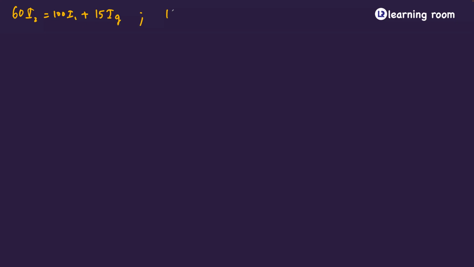Eleven I1 is equal to IG plus 1. So from here, I can take IG is equal to 11 I1 minus 1 and substitute it here. Or I could have done I1 will become IG plus 1 by 11.